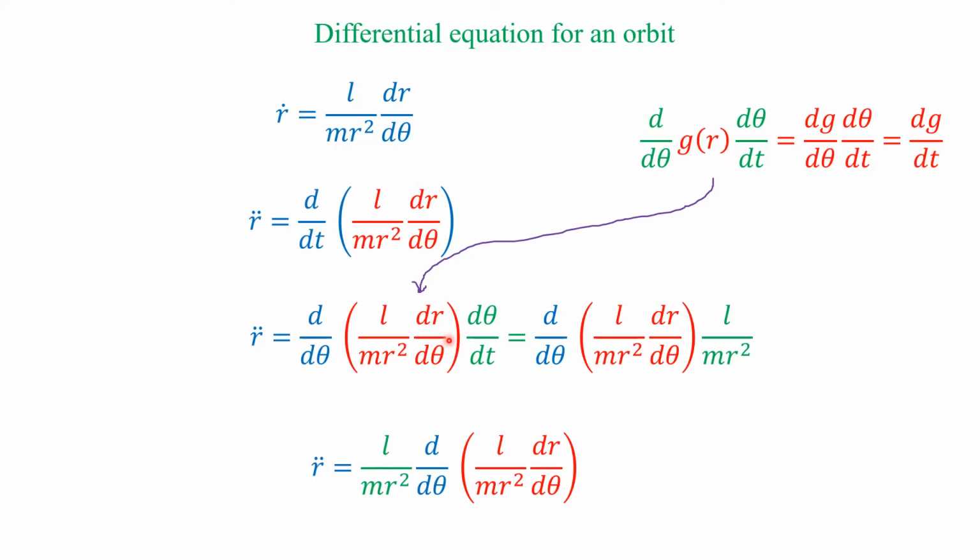Now d theta by dt is equal to theta dot, and also we know theta dot is equal to, as we have just seen, L divided by m r squared.